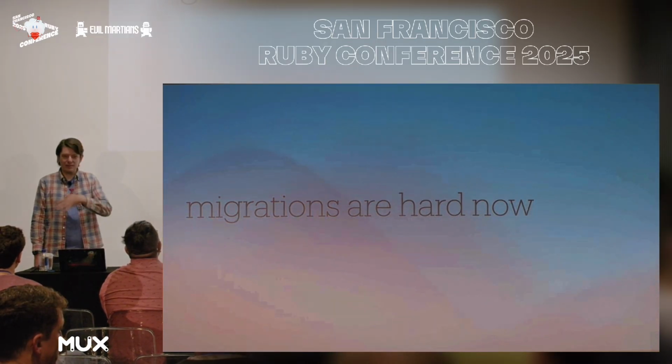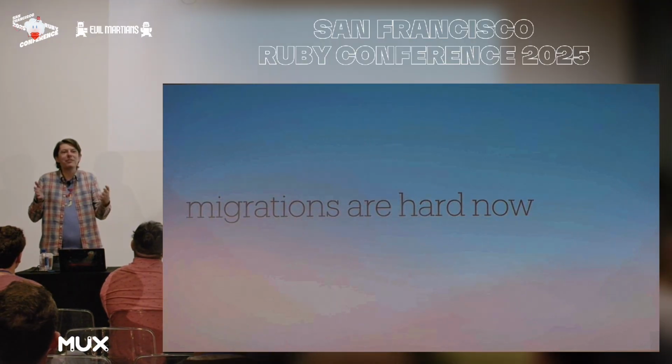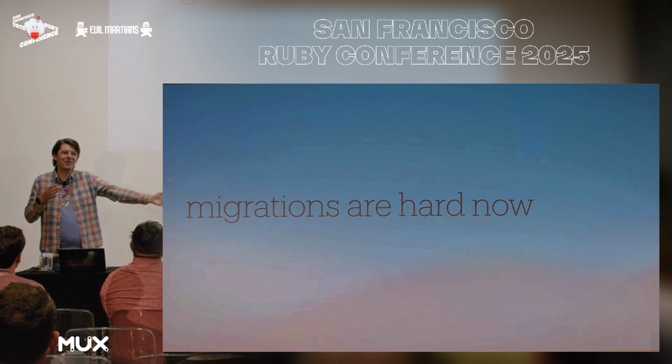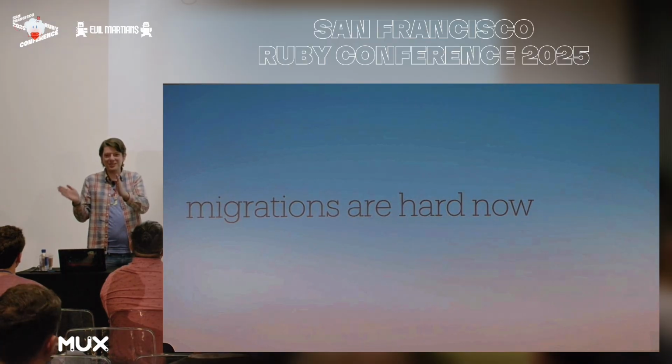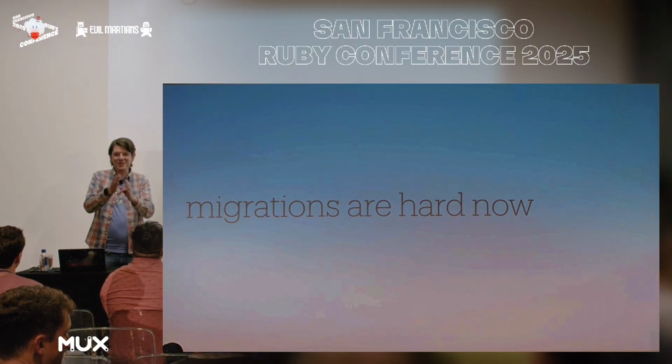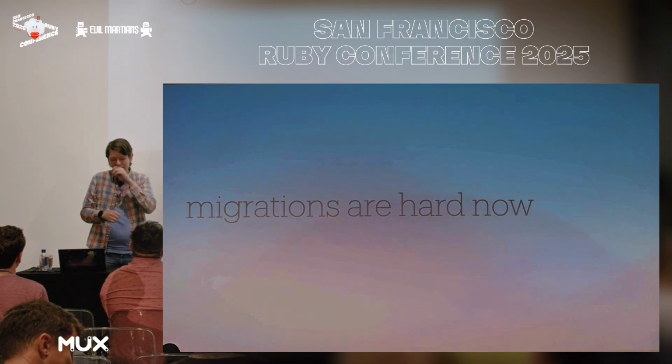So to avoid any site downtime, get familiar with the 3 deploy dance of making changes to your data, where you have to push the code that will handle both the new and the old data, and then you have to push the thing that changes the data from the old to the new, and then you have to push the thing that cleans up all of the code that knows how to deal with the old data.